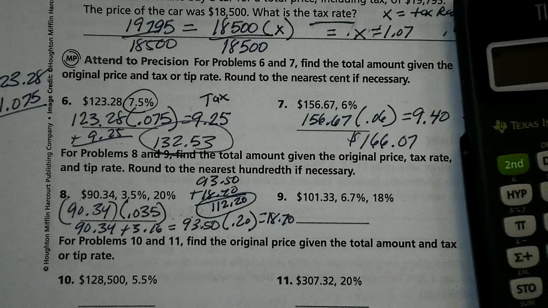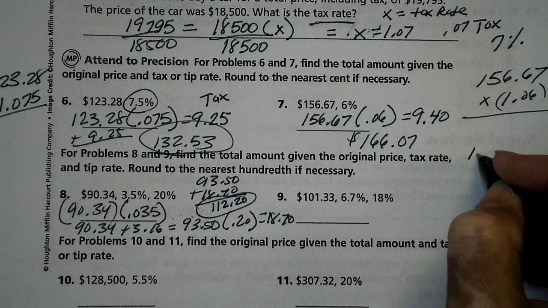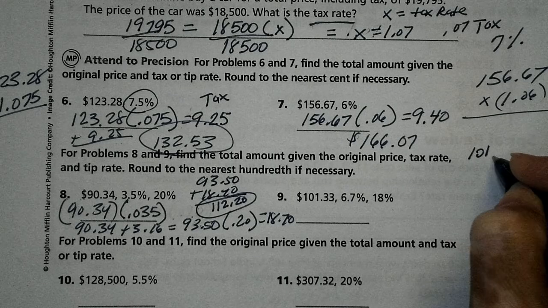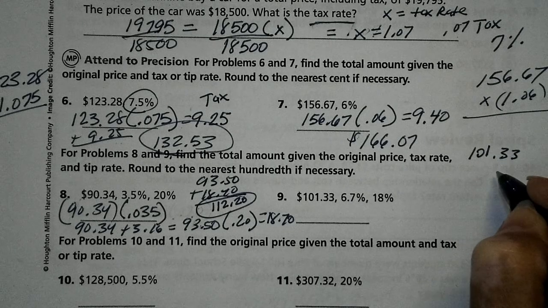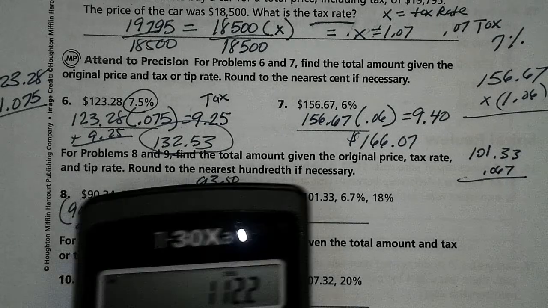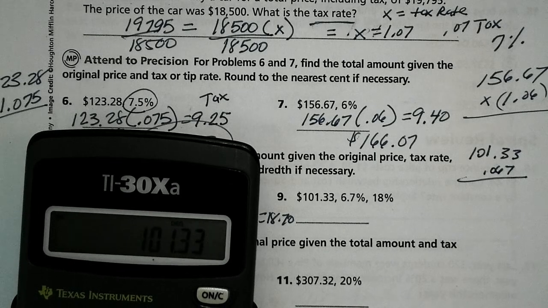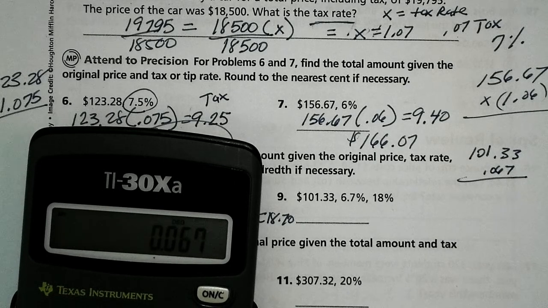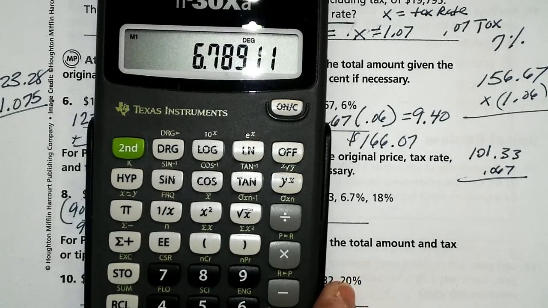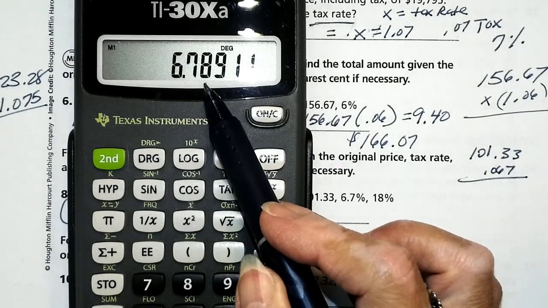All right, now we take this one. I'm going to move it up here so we have room. So 101.33 times 0.067. So 101.33 times. Whew. All right, so that, we're going to take the 9 and round it up, right?